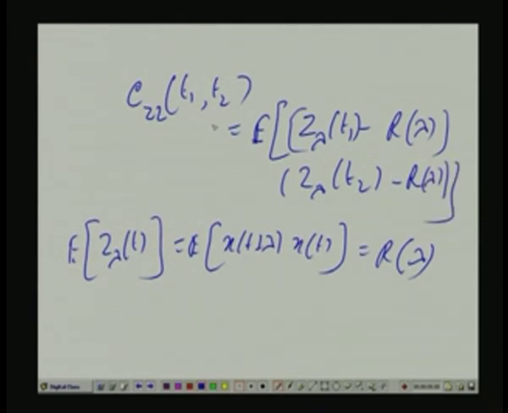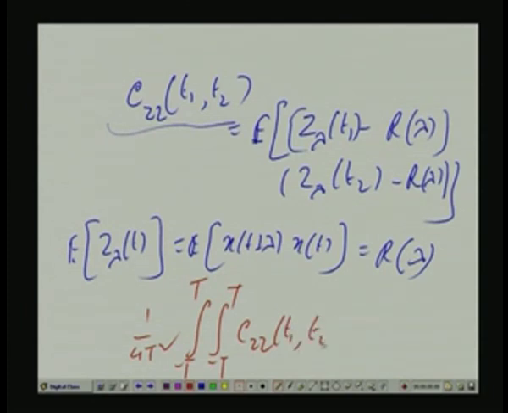You define this C Z Z T1 comma T2; we know what Z lambda T1 is, what Z lambda T2 is. You carry out this expected value, and this is the covariance, then this should satisfy that condition. What is that condition? That 1 by 4T square times the double integral of C Z Z T1 T2 dT1 dT2 should tend to 0 as t tends to infinity. Okay. That is all for today.